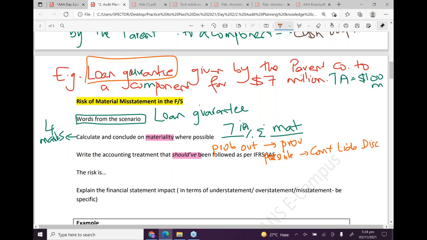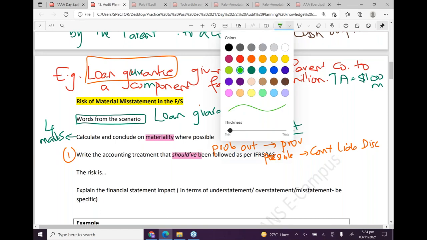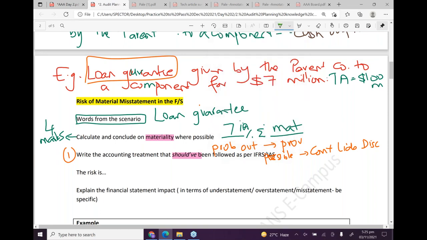So I get 1 mark for explaining the accounting treatment that should have been followed. Stay with me on this one. Then you have to explain the risk. The risk is that this has not been followed. In other words, the risk is that provision not booked, or a contingent liability disclosure is missing. And then explain the financial statement impact.